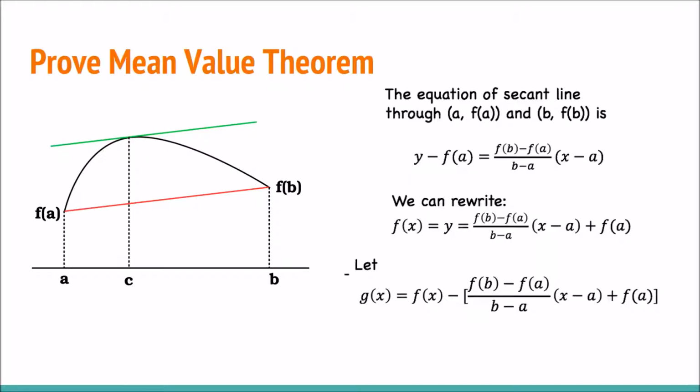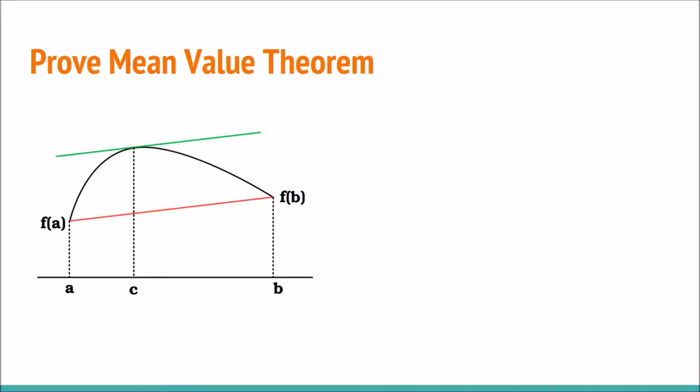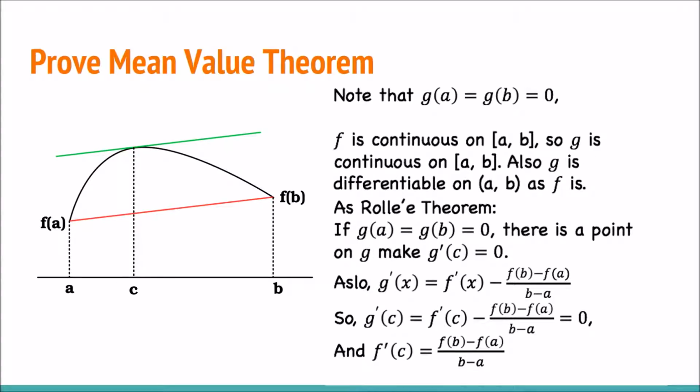Note that g of a equals g of b equals 0. F is continuous on a to b, so g is also continuous on a to b. Also, g is differentiable between a and b, as is f. By Rolle's theorem, if g of a equals g of b equals 0, then there's a point c that makes g prime of c equal to 0.